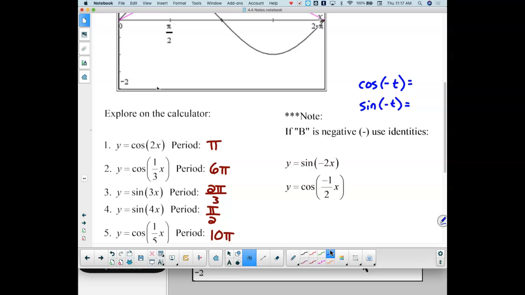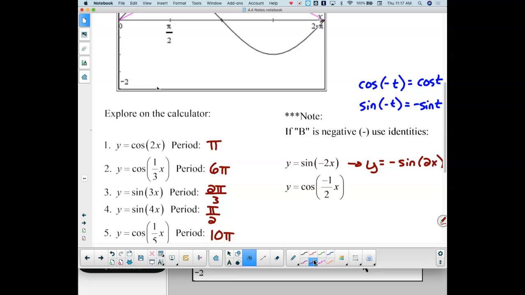Cosine of negative t is just the cosine of t, and sine of negative t is negative sine of t. So y equals sine of negative 2x would be the same graph as y equals negative sine of positive 2x.